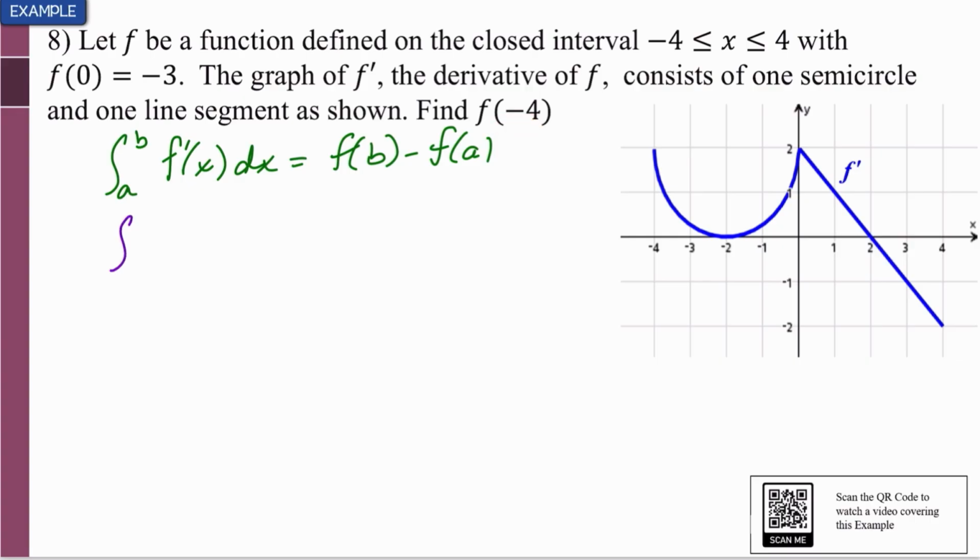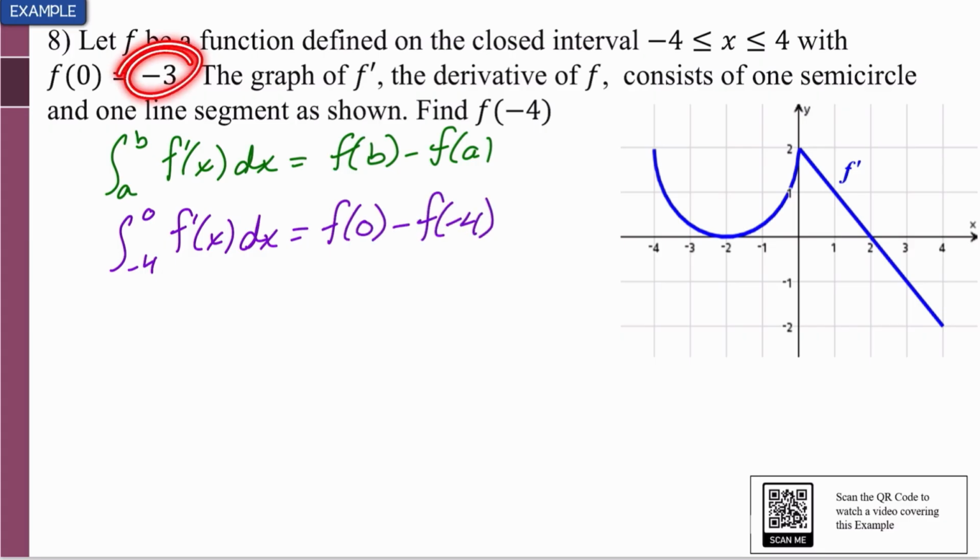So I'm going to say the integral from negative 4 to 0 of f prime of x dx is going to be f of 0 minus f of negative 4. So f of 0 I have is negative 3, so I'm going to make that substitution there. And I'm ultimately trying to find f of negative 4. So this is going to be negative 3 minus f of negative 4. That's what I'm looking for.